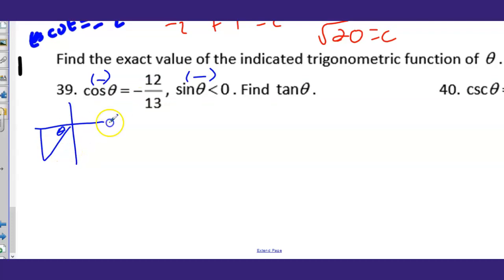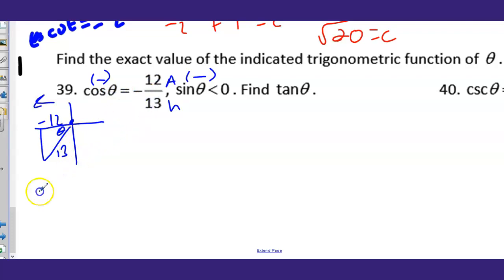Now that I have a triangle, cosine is adjacent over hypotenuse. So negative 12, and it has to be negative, guys, because that's to the left of the origin. My hypotenuse is always positive, so the negative has to be applied to the 12, negative 12 over 13. That's why my cosine is negative.